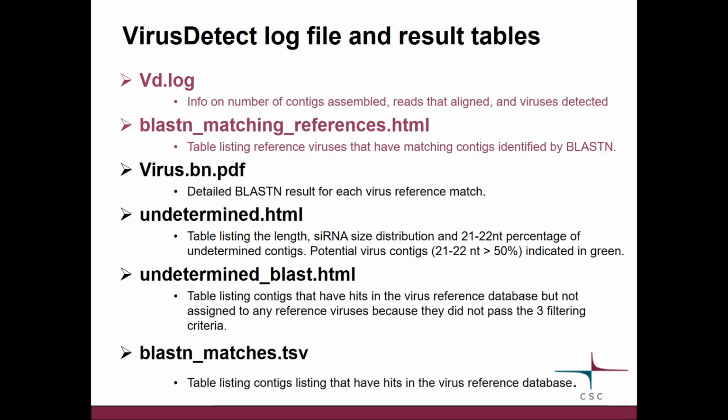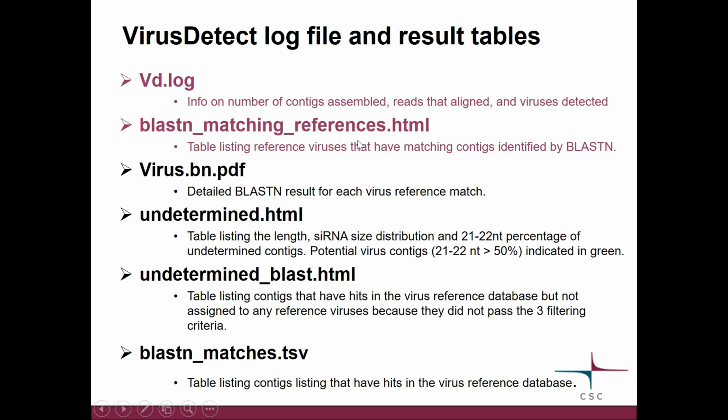So then to the result files. You will get lots and lots of result files, but here I have indicated the main ones in purple. A good starting point is the log file that VirusDetect produces, because that will tell exactly how many contigs it managed to assemble and how many viruses it detected. Then the viruses that were detected are reported in a table with a lot of supporting information in this HTML file.